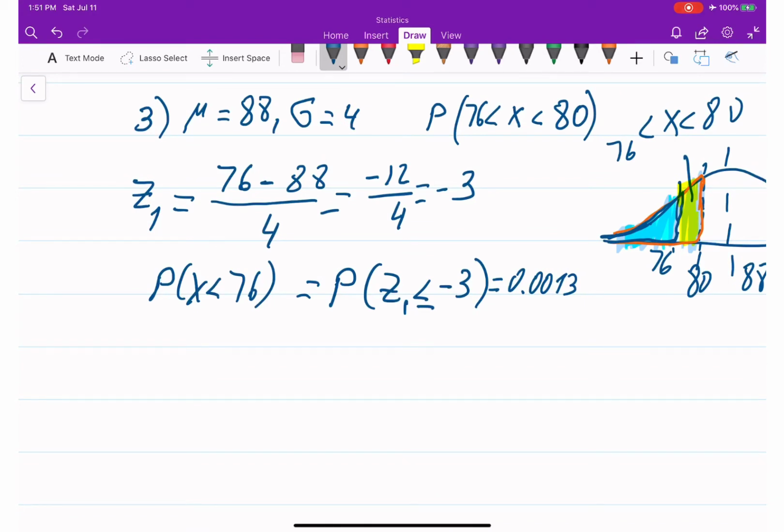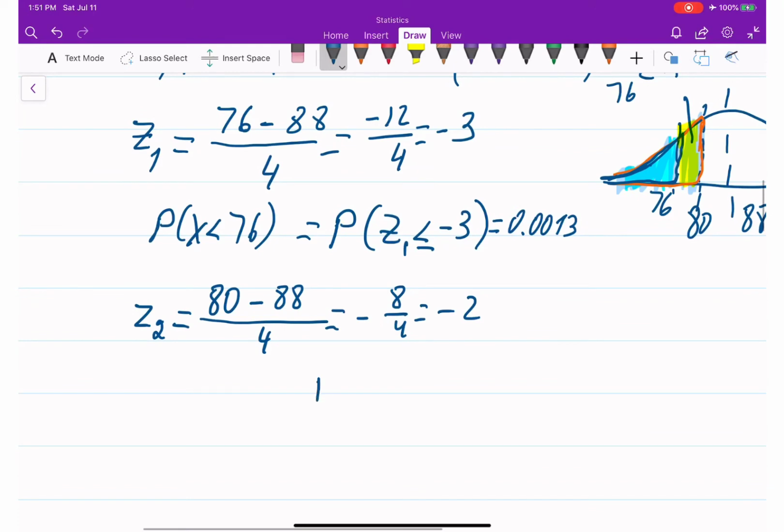Score 2, Z2 is equal, now we are using x as 80. 80 minus 88 divided by 4. So it's going to be negative 8 over 4, which is negative 2.